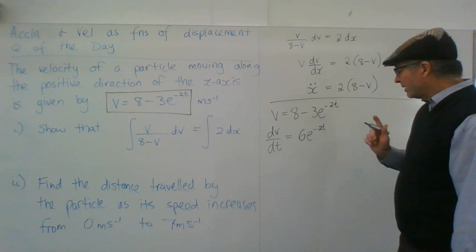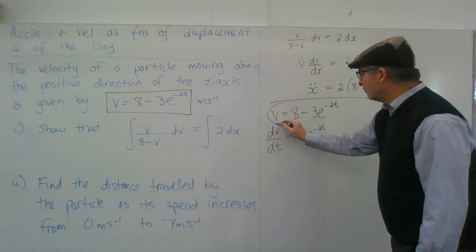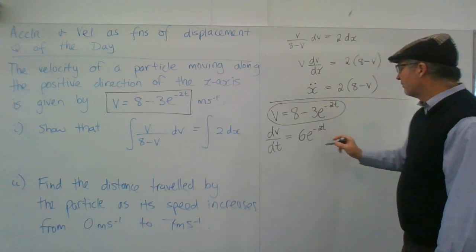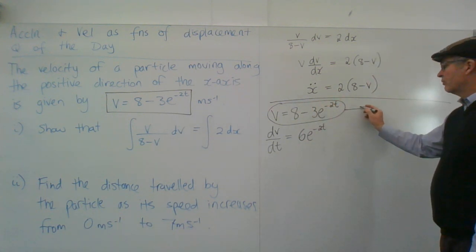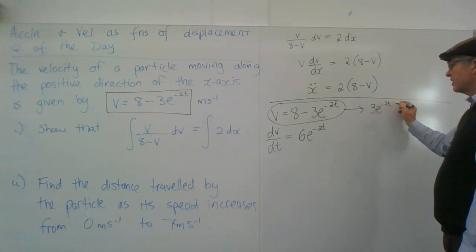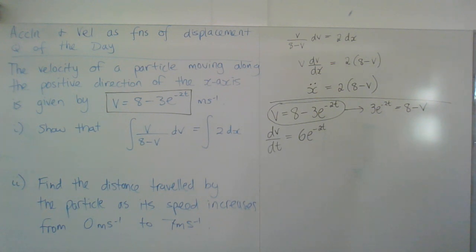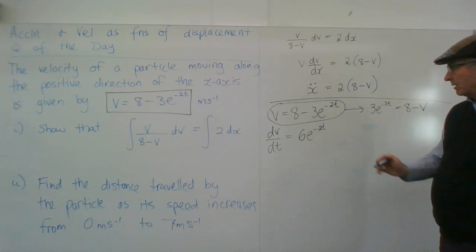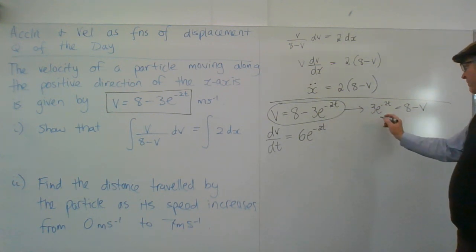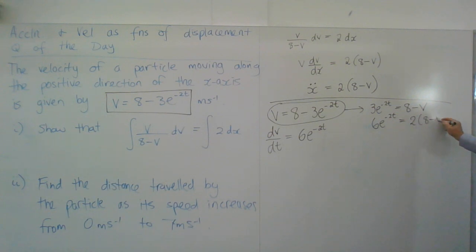Now if you look at this velocity that you've been given here, you can see that you could rewrite that as 3e to the minus 2t is equal to 8 minus v, just by rearrangement. So that means that 6e to the minus 2t is equal to twice that.